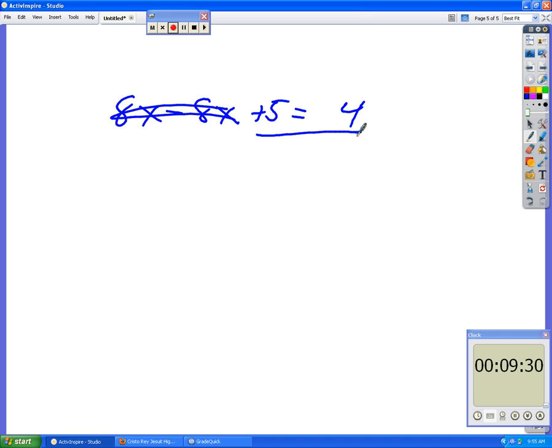Okay. 5 is equal to 4 never. When all the x's are gone, all the letters are gone, and all you're left with is two numbers that are not equal, this is a false statement. They are not equal. What's my answer? No solution.